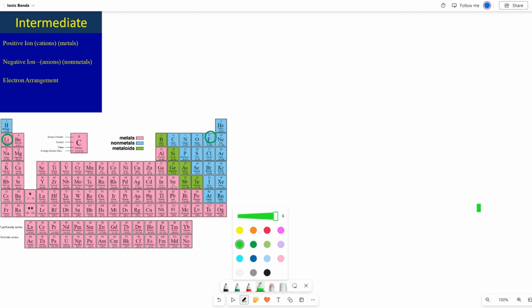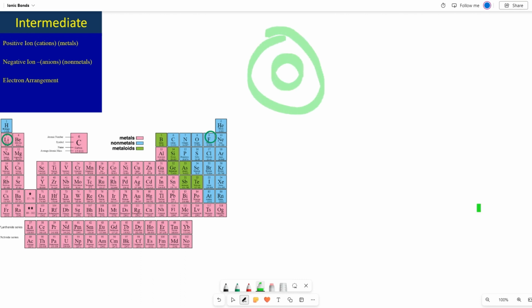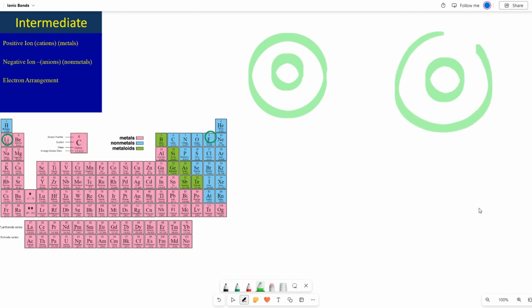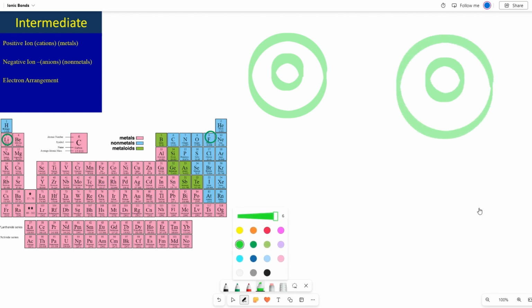So lithium will have 2 shells. We'll draw that out there. And fluorine will also have 2 shells. Lithium will have 3 protons in its nucleus. Fluorine will have 9 protons in its nucleus.